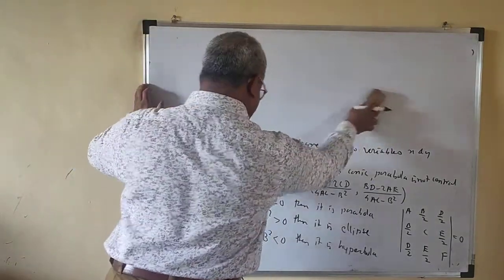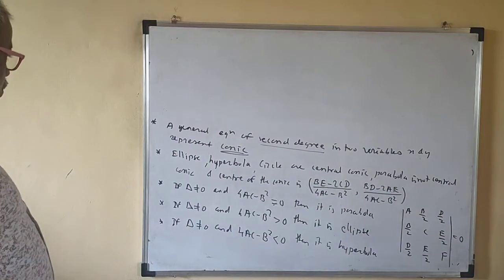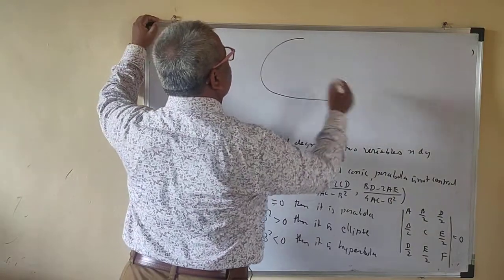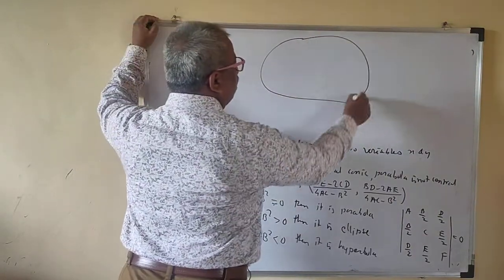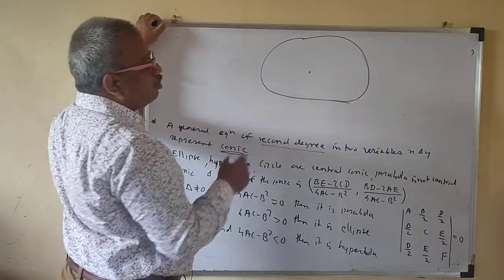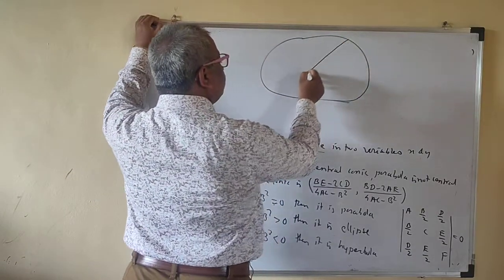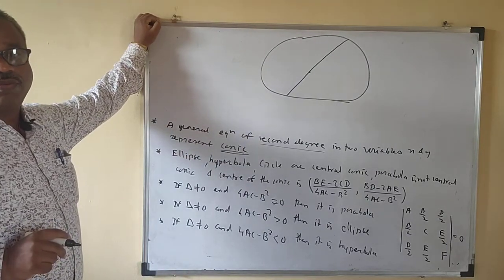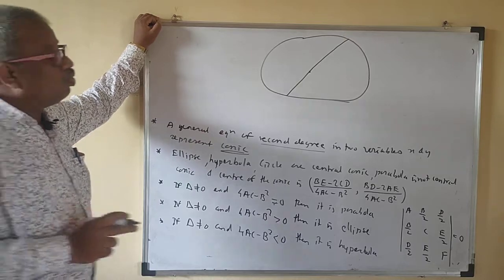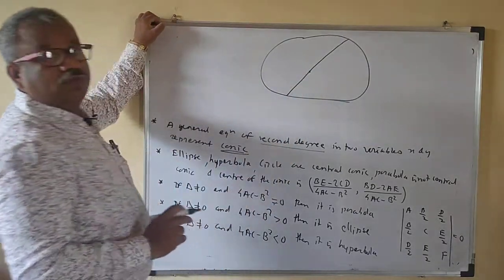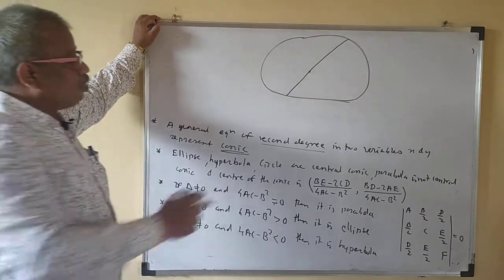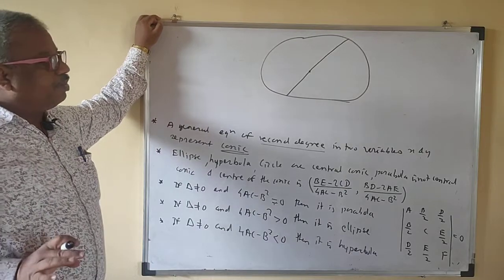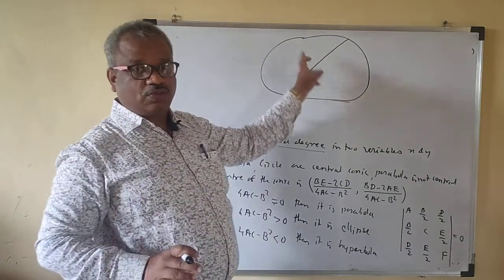And then the parabola, hyperbola, that condition we will see later on. So now the center of the conic. The center means what? Suppose this is some conic and this is the center. So the center of a conic is a point such that it bisects every chord passing through it.